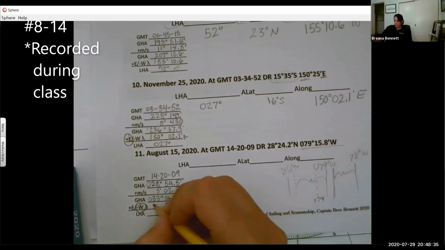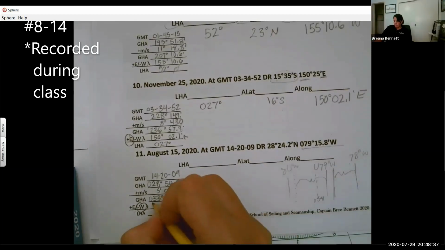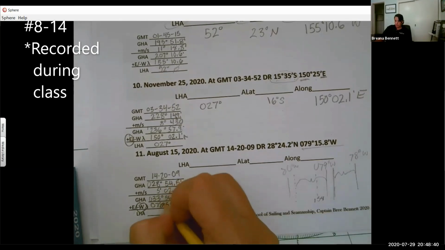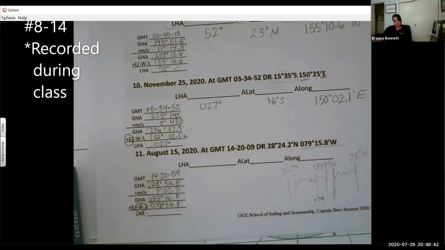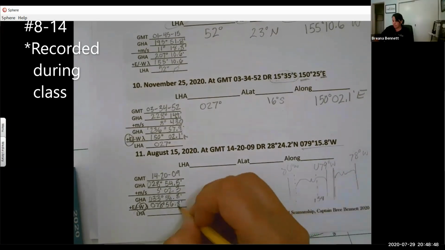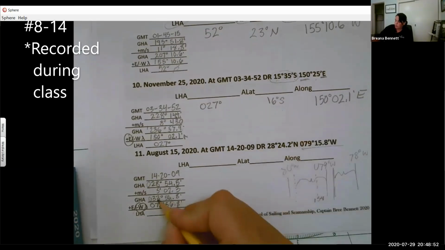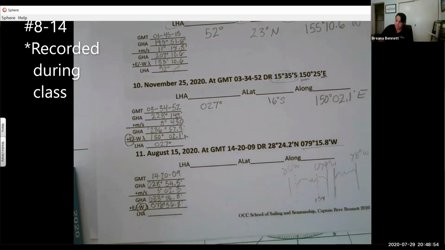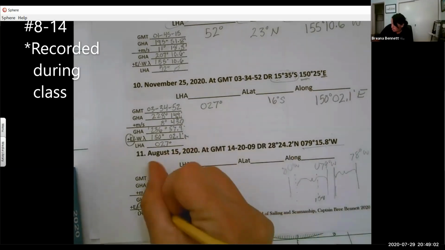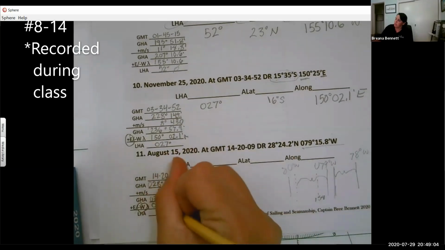So I'm going to call my assumed longitude 078 degrees. My 56 gets to 0. We do 33 plus 360 minus 78 gives us 315.